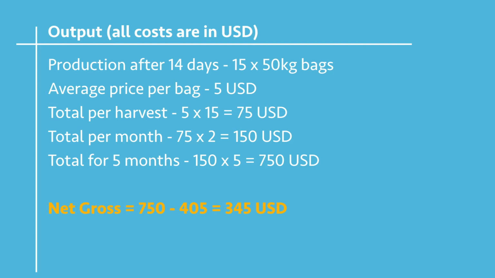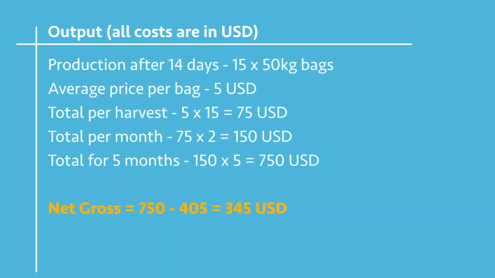That gives you $75 every 14 days. Doing that per month, it will give you $150. And once you do that for 5 months, we are giving a case study of 5 months, you get $750.